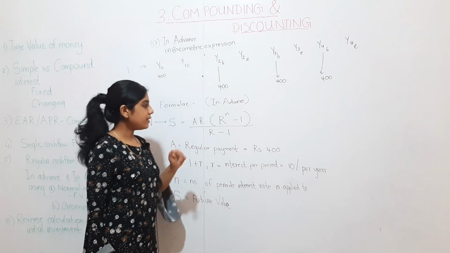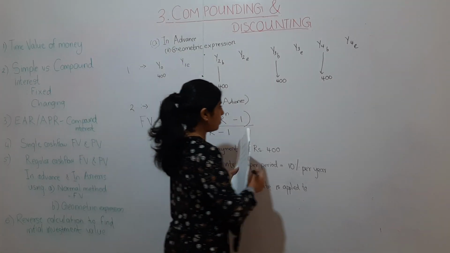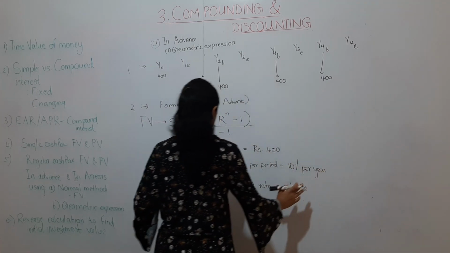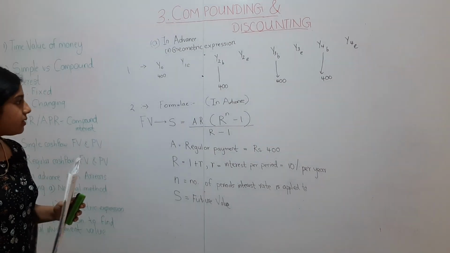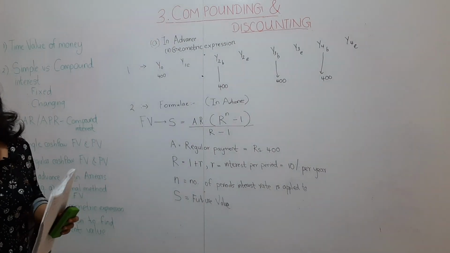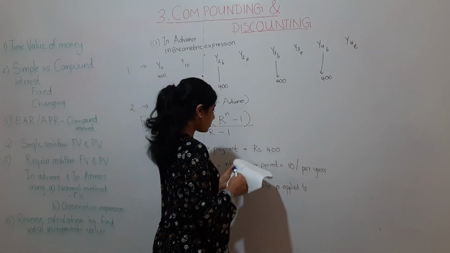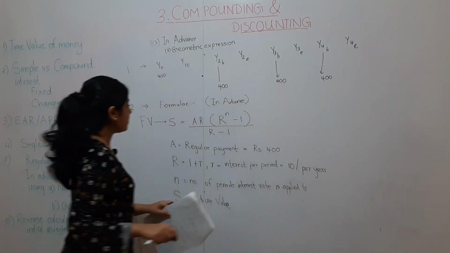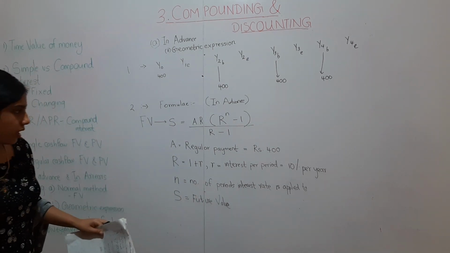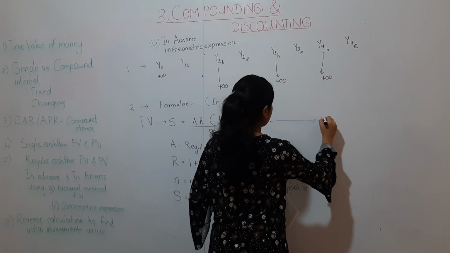Alright. Having said that, let's apply the question example to this. I hope you all took down a note of this, or maybe I can work it out. No, let me work it out this way. So, our regular payment A is 400 rupees. So, we could write 400.